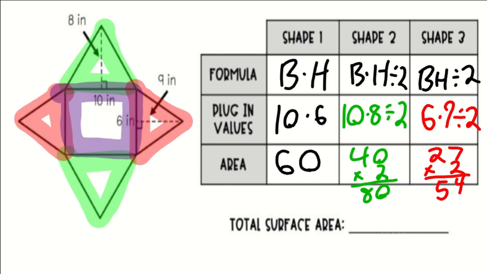That's 54. What do we do now? Add. We're going to add 60 plus 80 plus 54. That'll give us 194. Don't have to do anything with it. We already doubled it for the 2 triangles.